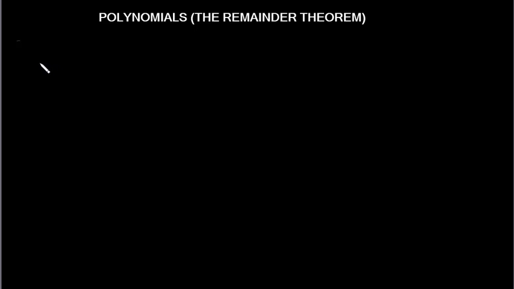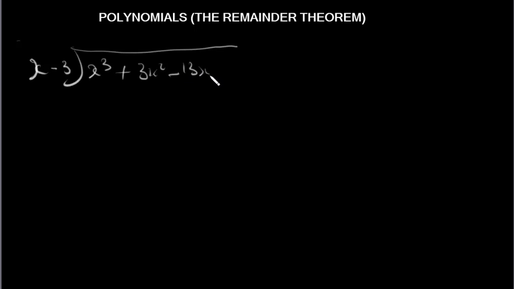Now let's start. x minus 3, that's our divisor, and the expression is x cubed plus 3x squared minus 13x minus 10. Please pay careful attention to this method.